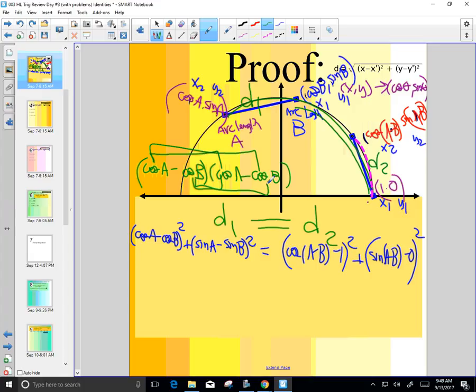Cosine times cosine is cosine squared A. Then you're going to have minus cosine A, cosine B, minus cosine A, cosine B. So we're going to have minus how many cosine A, cosine B's? 2 of them. Good. Then it'll be minus times a minus, which is a plus. Cosine B times cosine B is plus cosine B squared.